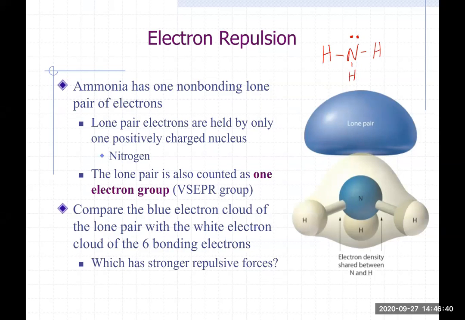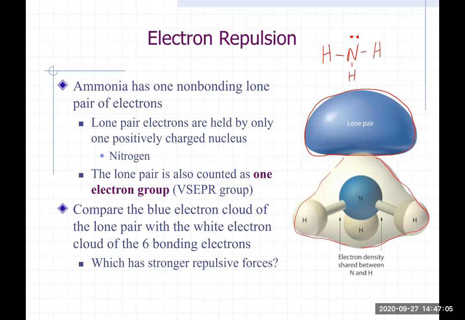Now we're looking at this lone pair on the top, and I'm going to outline the lone pair's electron cloud. Compare it to the electron cloud, this white electron cloud down here, that's associated with those electrons being held by 2 nuclei.